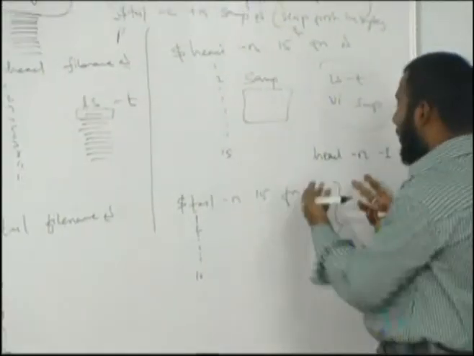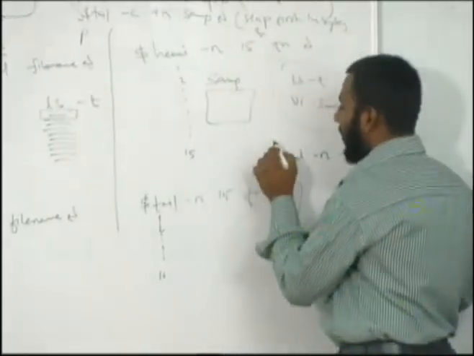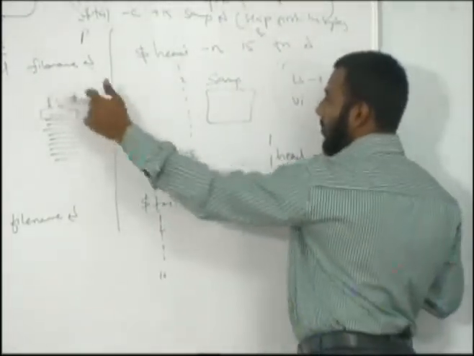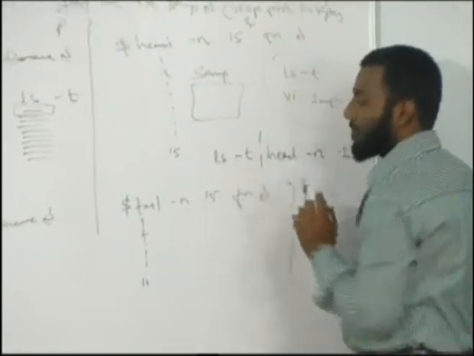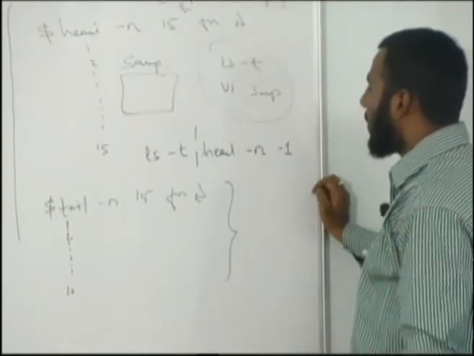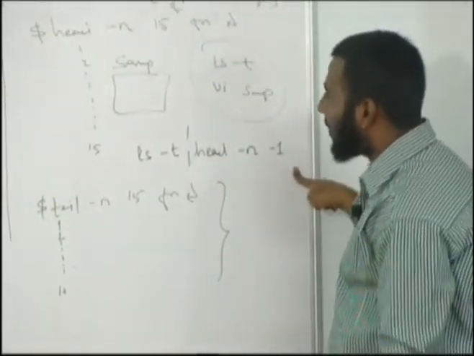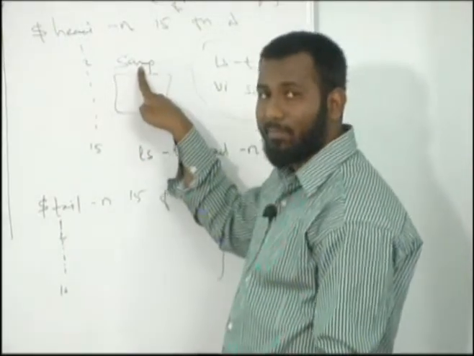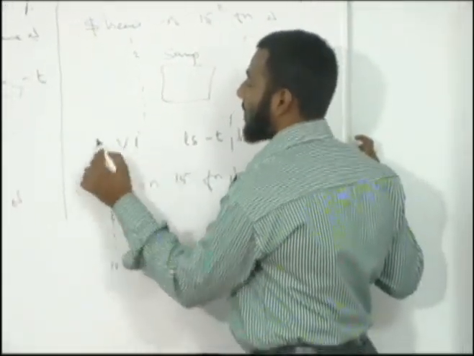But I want to apply this command on this output. So I'll give the output of ls option T as input to this command. The result will be the name of the file, SAMP, so I can open it with the VI editor.